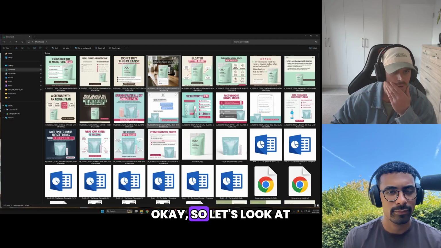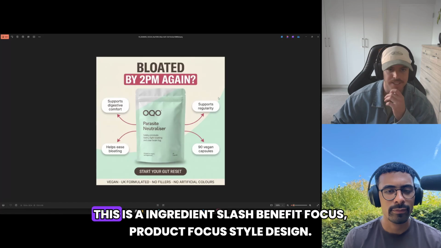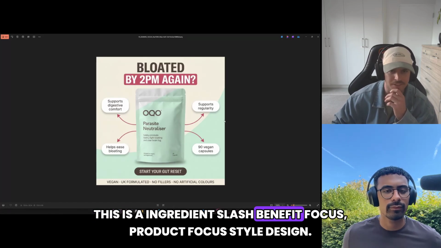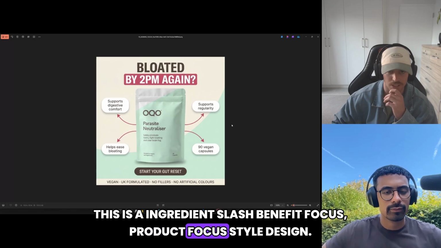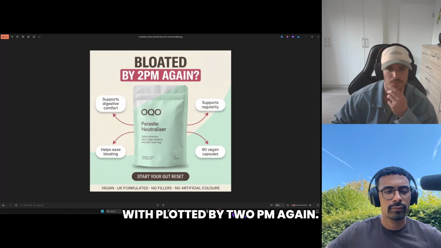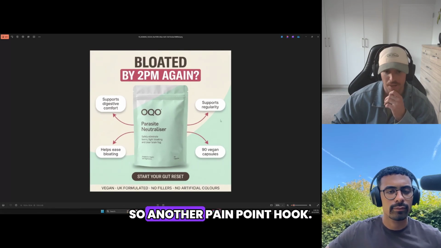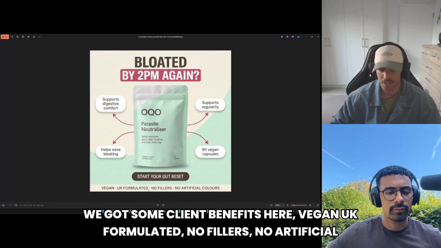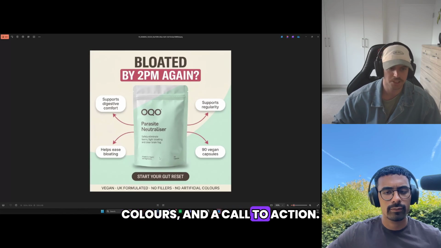Okay, so let's look at this. It's an ingredient and benefit focused, product focused style design with bloated by 2 p.m. again. So another pain point hook. We got some client benefits here: vegan, UK formulated, no fillers, no artificial colors, and a call to action.